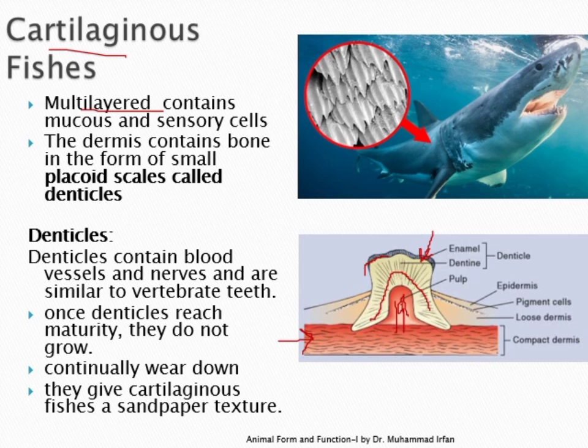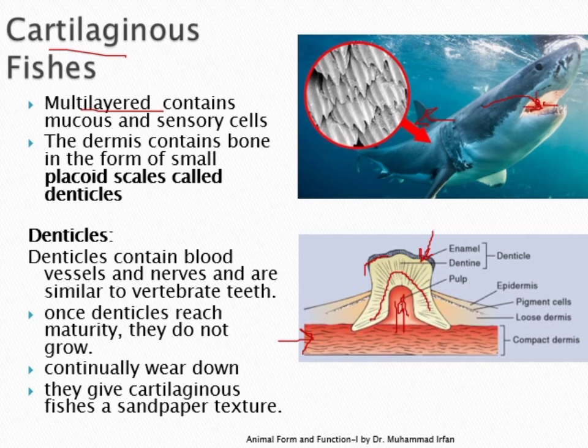So most of the skin of the cartilaginous fishes, that are sharks or rays, is covered by placoid scales or tooth-like scales. So it is assumed that the oral teeth evolved from these dermal teeth, that are the denticles or placoid scales, and they migrated into the mouth.